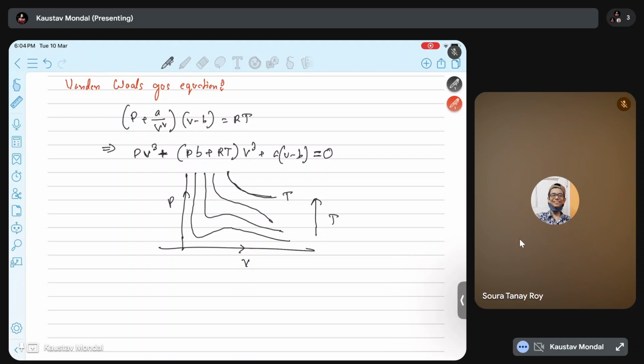For the lower temperature case, these are the three roots, and for the case of the critical isotherm, only a single real root exists. This is the point where the critical behavior is located: PC, VC, and this temperature is TC.